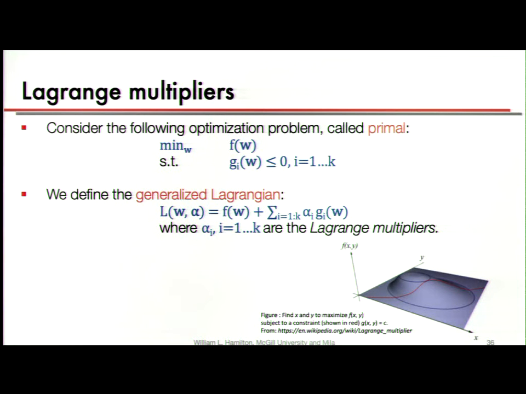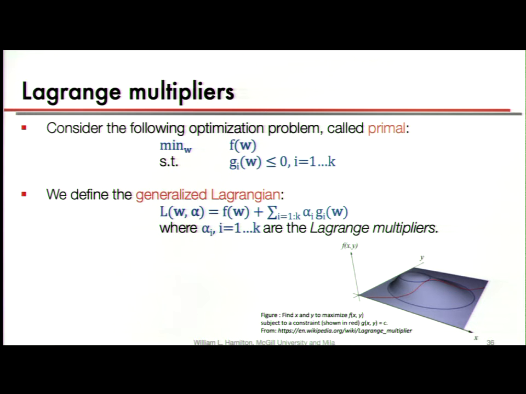Now what we can do given this representation, so we call this representation of an optimization problem the primal representation of the optimization problem. And from this primal, we can define something called a Lagrangian. This Lagrangian is just kind of taking this optimization problem and rewriting it in kind of a unified objective.